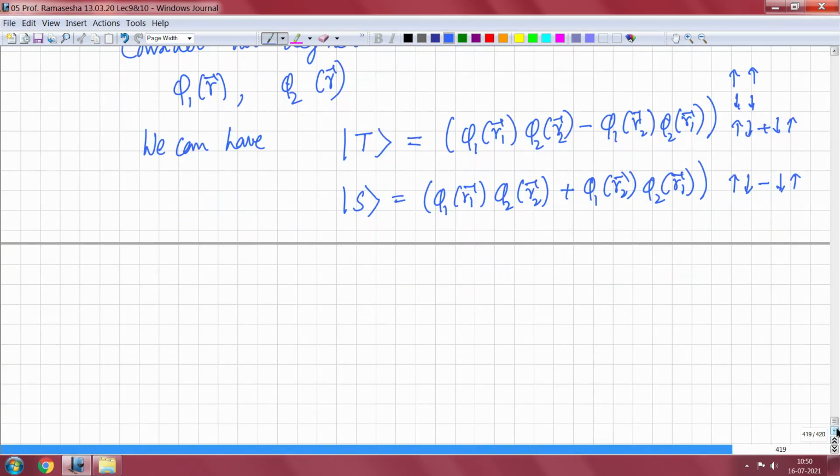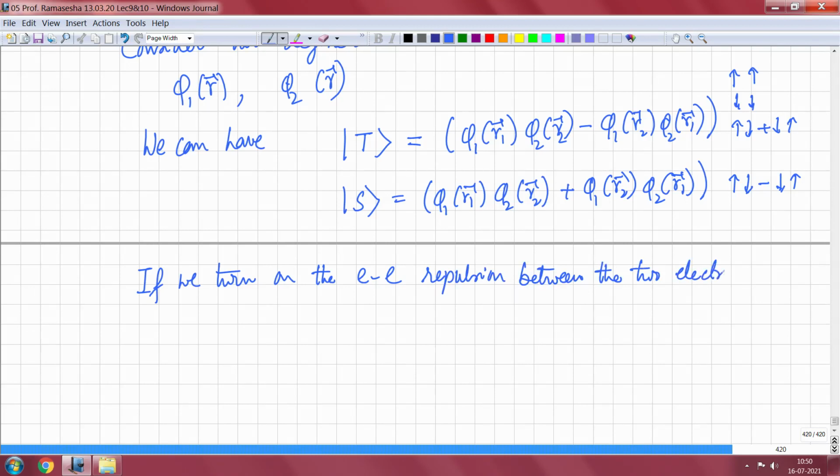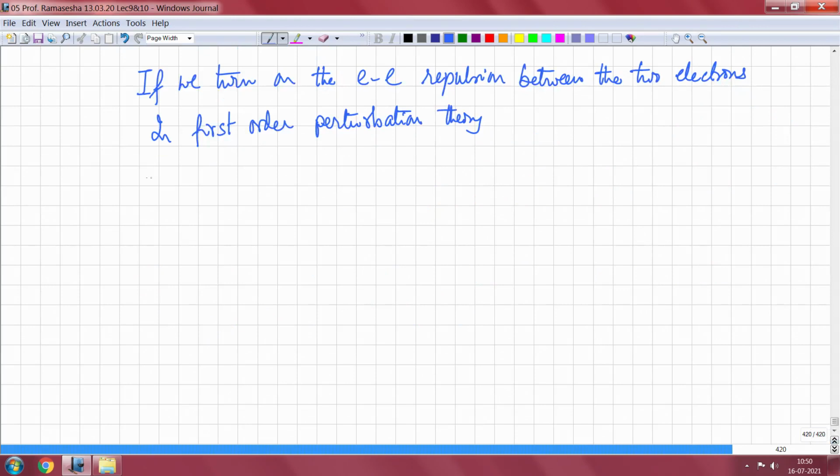Now if we turn on the electron-electron repulsion between the two electrons, then in first order perturbation theory, the energies of singlet and triplets are corrected as follows.